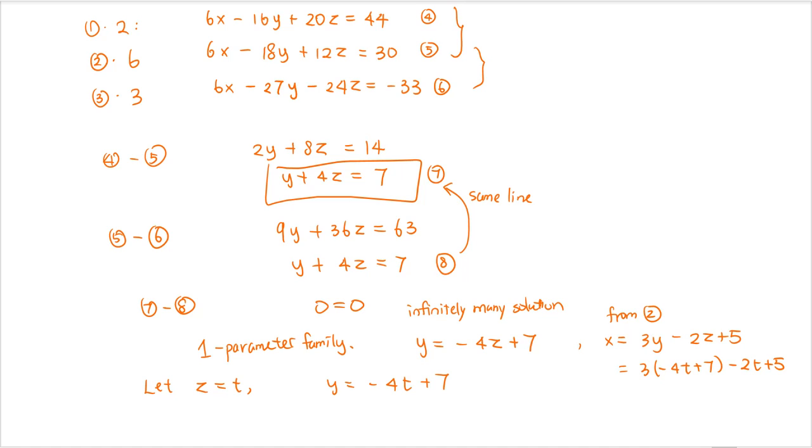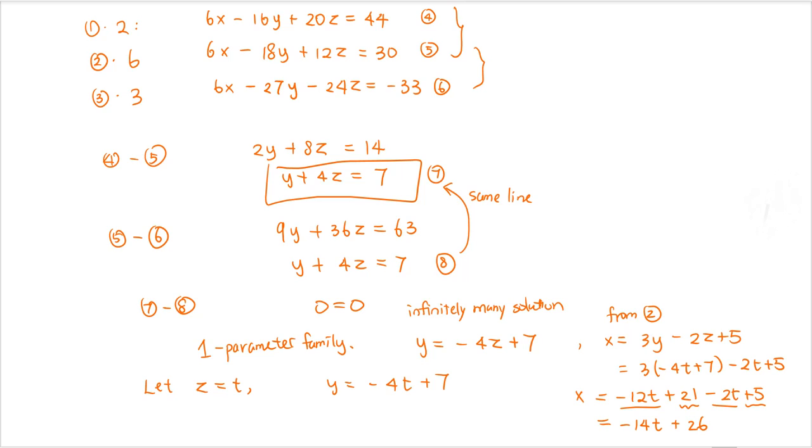Okay, so let's simplify it. 3 times 4, negative 12t. 3 times 7, 21. Minus 2t plus 5. Okay, how many t do we get? Minus 14t. And what is the constant? 21 plus 5 is 26. So this is the x.